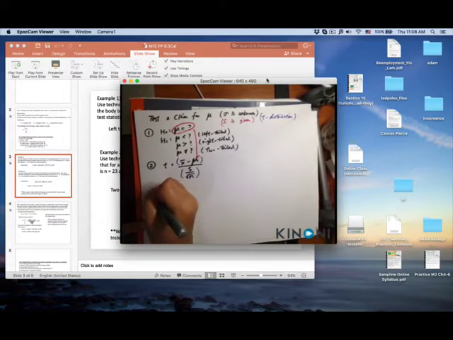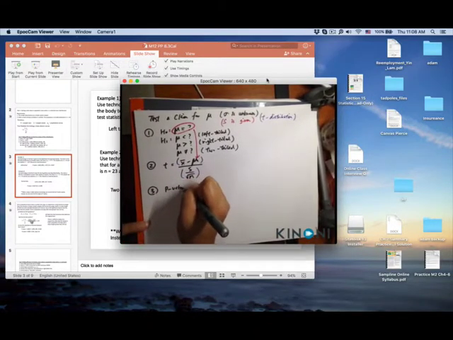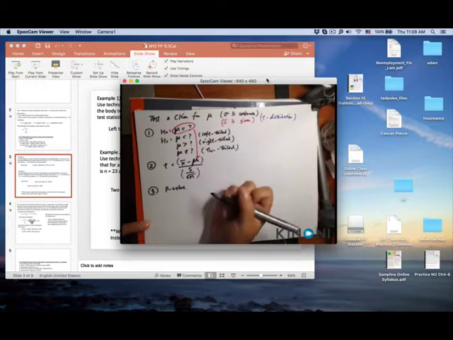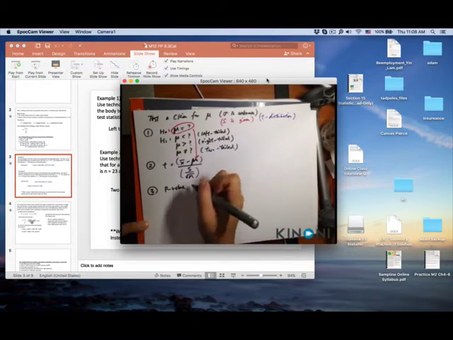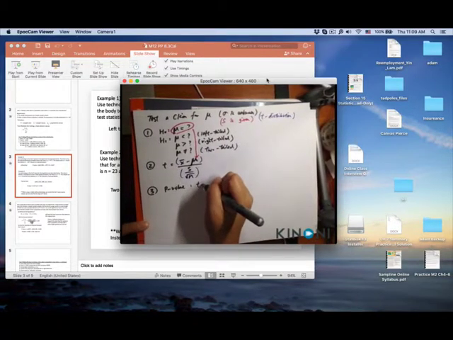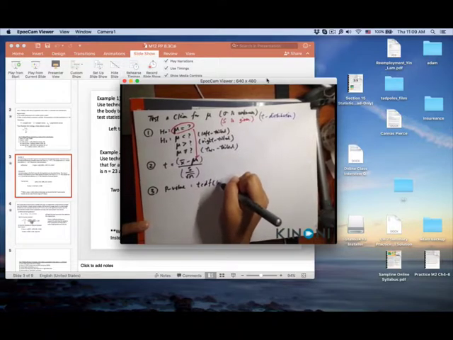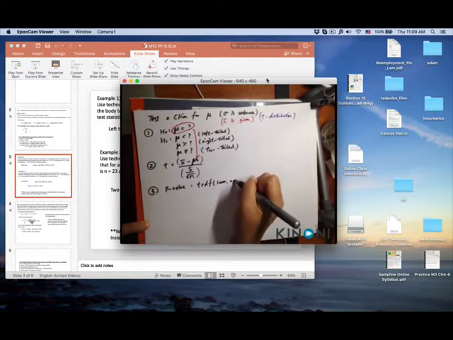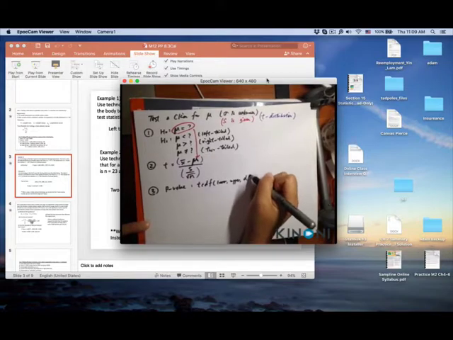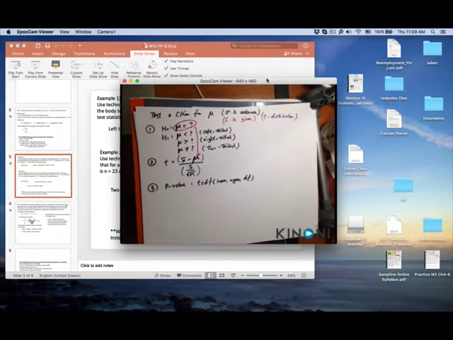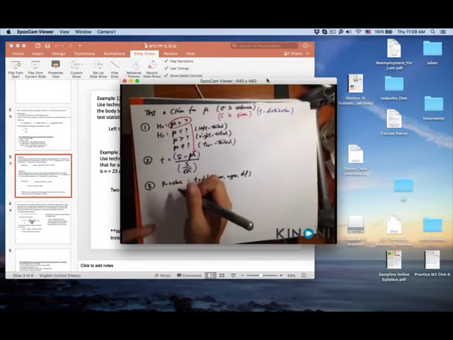Step 3, find the p-value. We just covered this in example 1 and example 2. You're going to use the tcdf, with the lower value, upper value, and the degrees of freedom. If you have a two tail, then you multiply by 2. And then draw the conclusion.